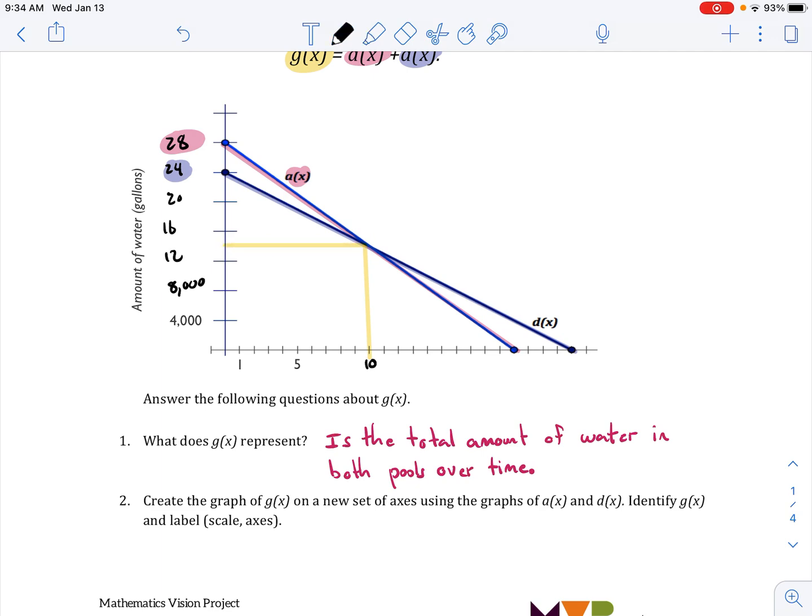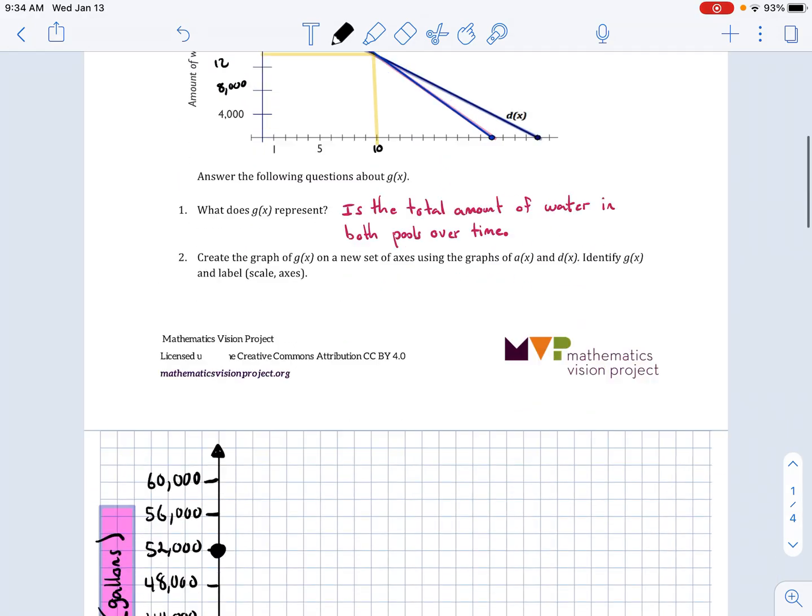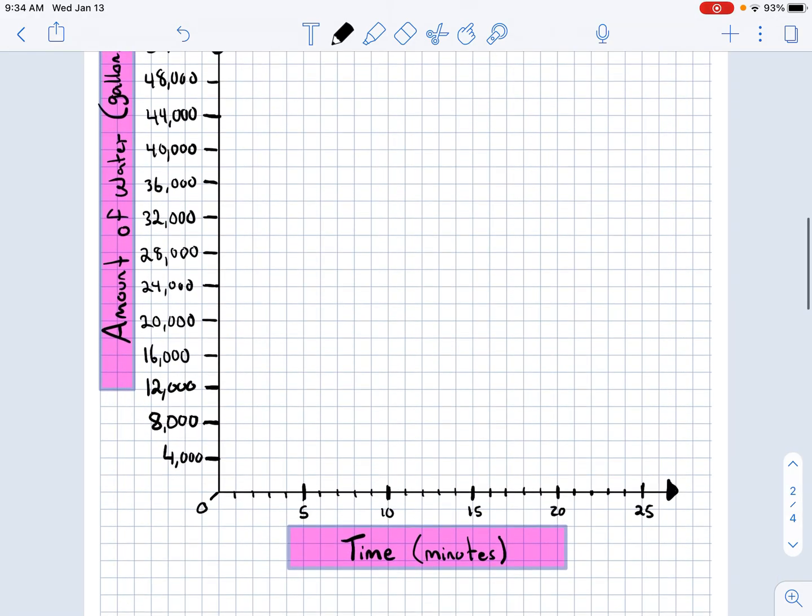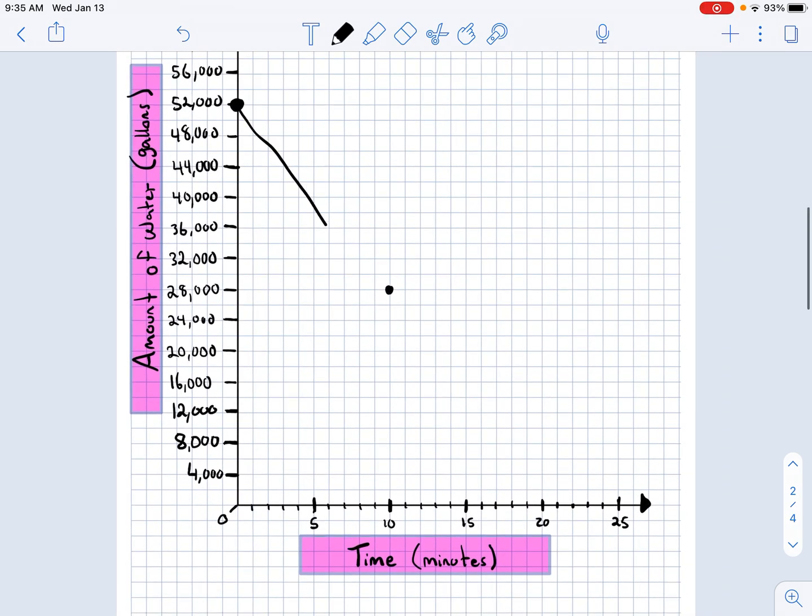So if they both have 14,000, together at 10 minutes, they must have 28,000. So at 10 minutes, 28,000.